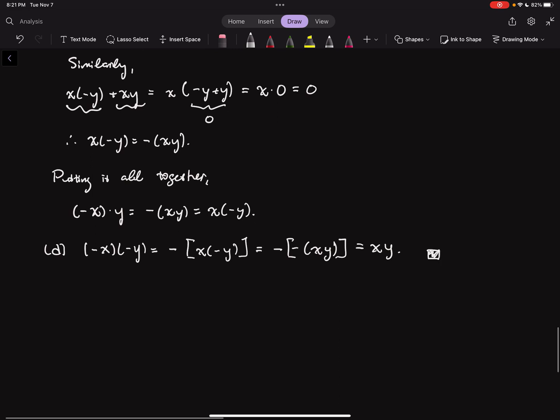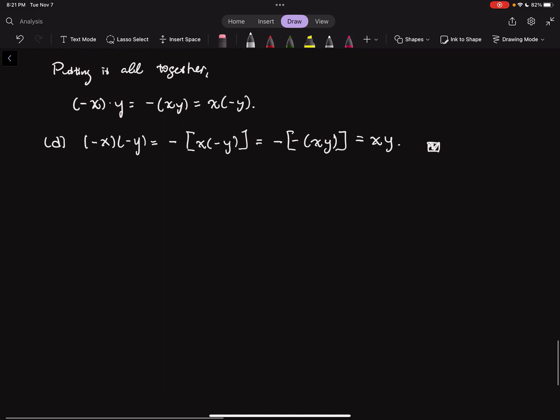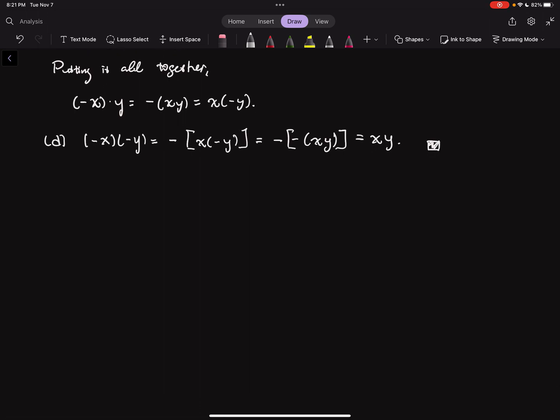Okay, so we kind of went through the latter part of these quickly, but I think it's good to wrap up here with a couple of notes.